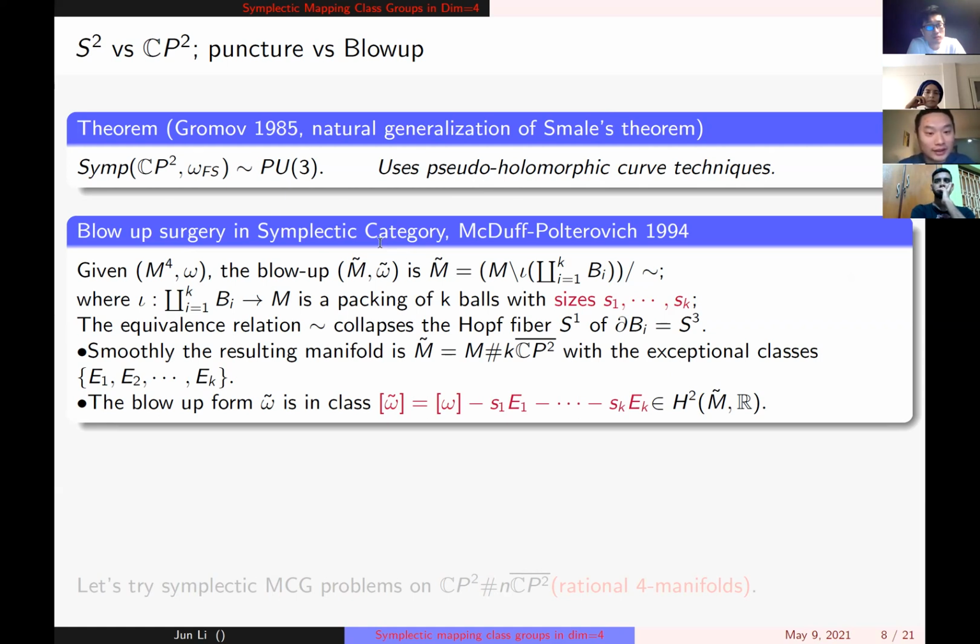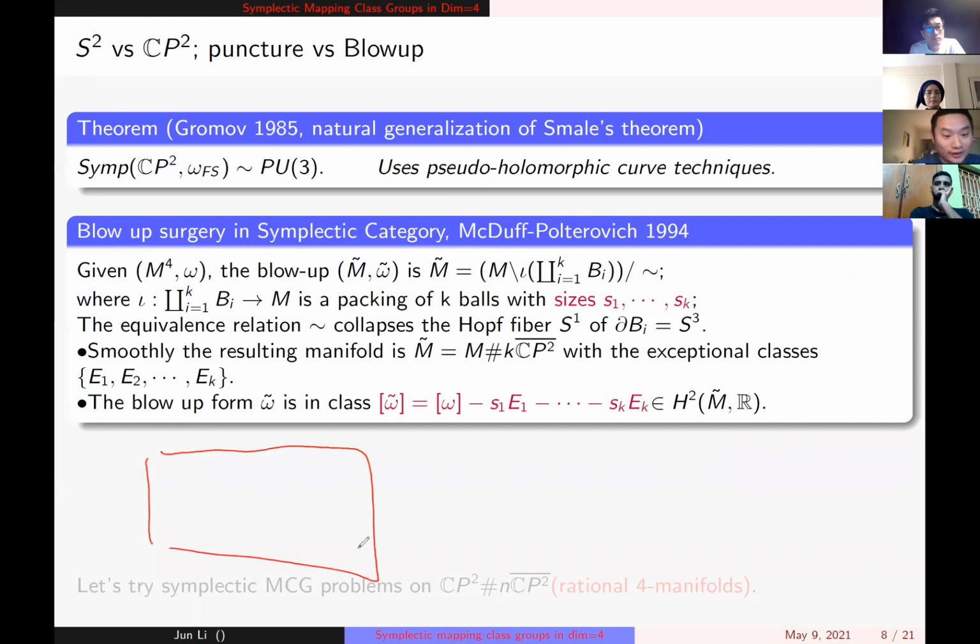Then we also try to find some parallel construction to punctures. This is not precise, but I would like to take this one as an analog of punctures in dimension 2. The reason is the following. When we do blowups, we are going to remove symplectic balls.